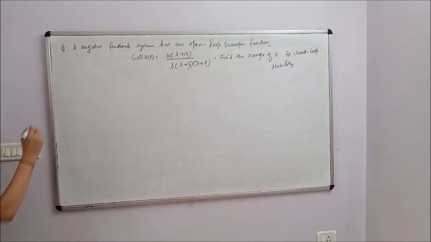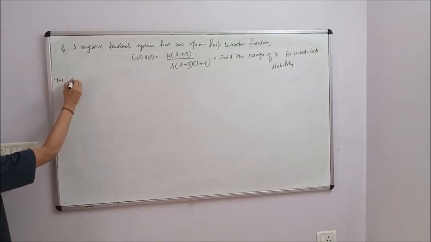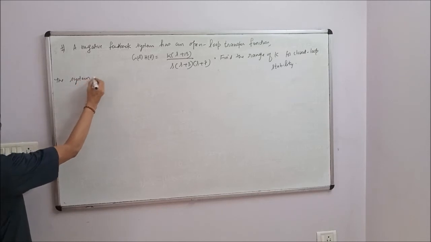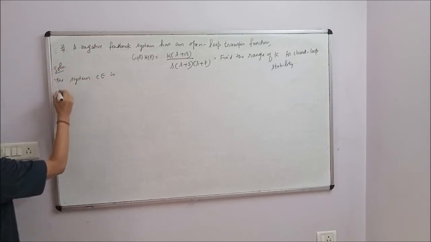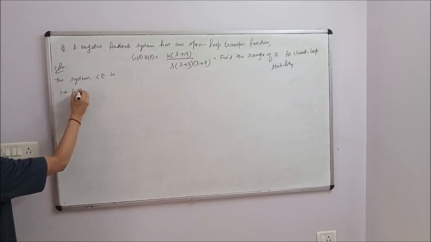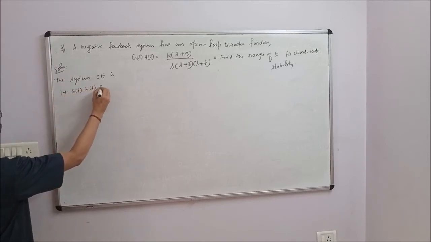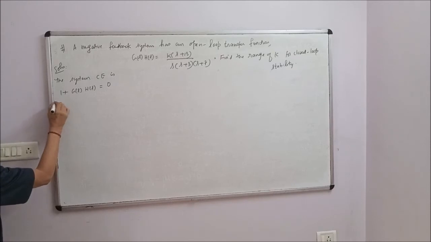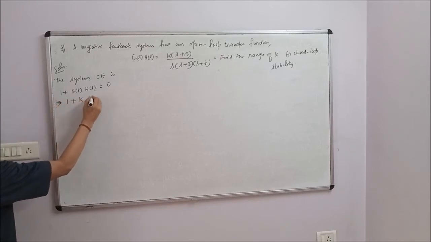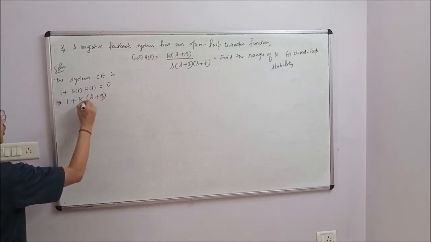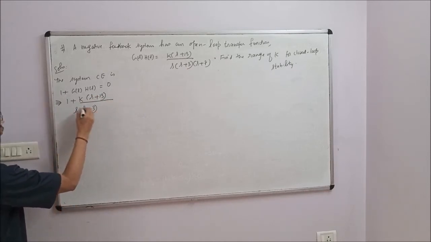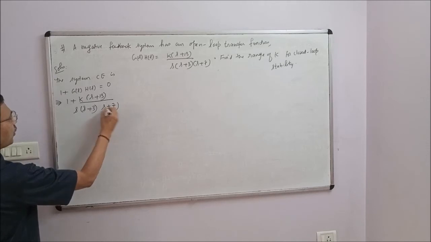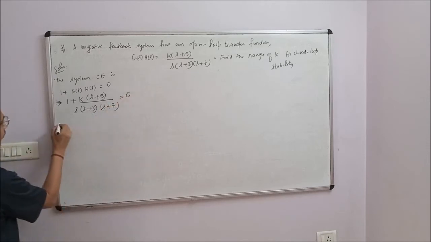Solution. The system characteristic equation is 1 plus G(s)H(s) equal to 0. This implies 1 plus K into (s plus 13) divided by s into (s plus 3) into (s plus 7) equal to 0.